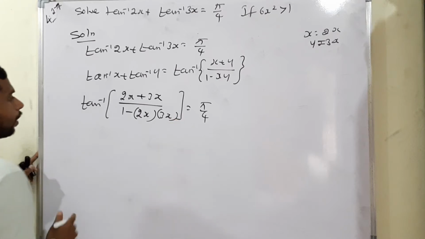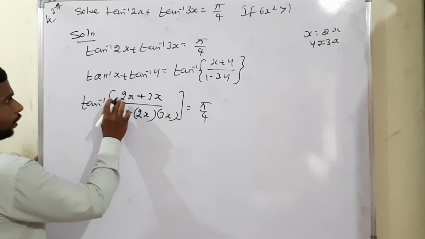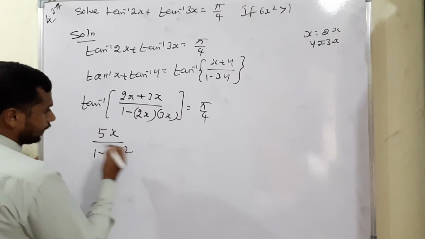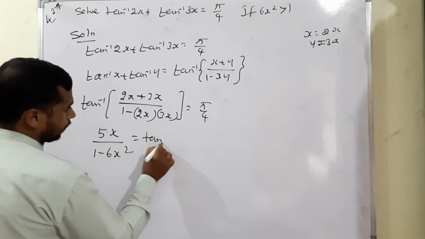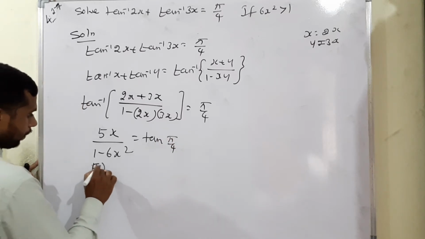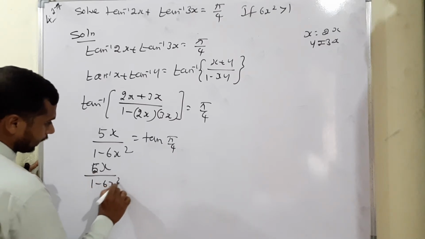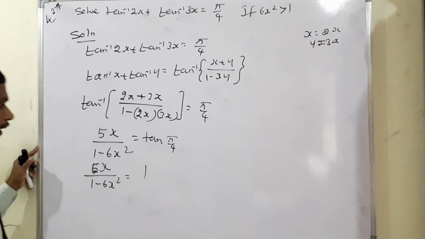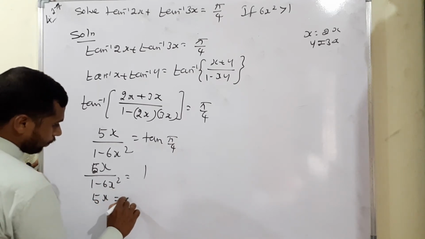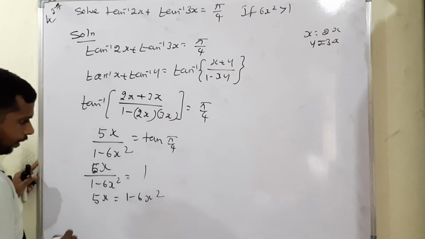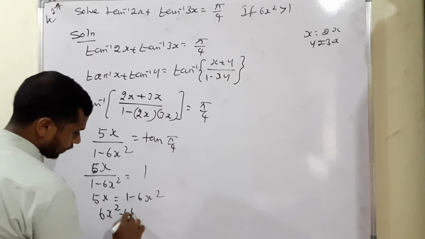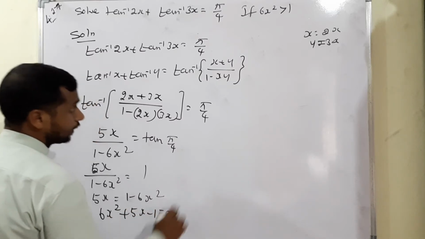Bringing tan inverse to the other side, it becomes tan pi by 4. 2x plus 3x is 5x, divided by 1 minus 6x square, is equal to tan pi by 4, whose value is 1. Cross multiply: 5x is equal to 1 minus 6x square. Therefore, bringing minus 6x square to the other side, 6x square plus 5x minus 1 is equal to 0.